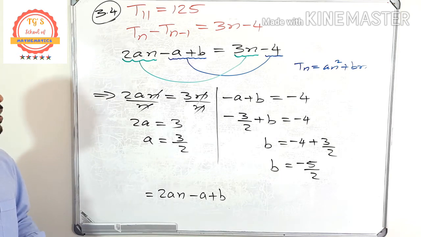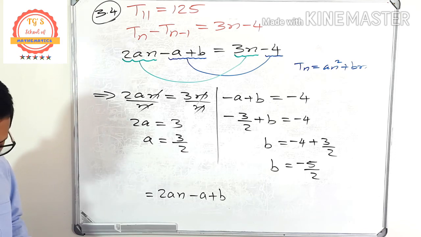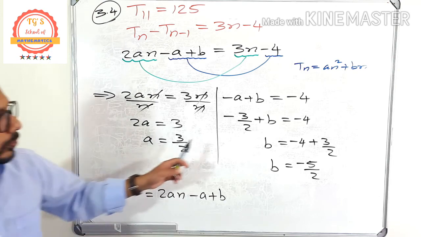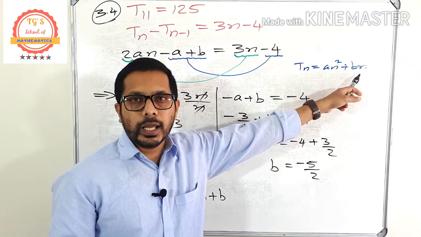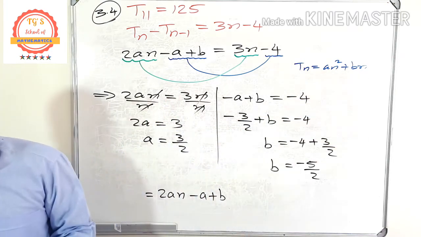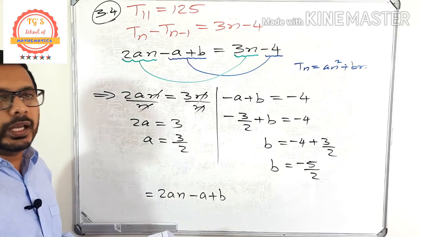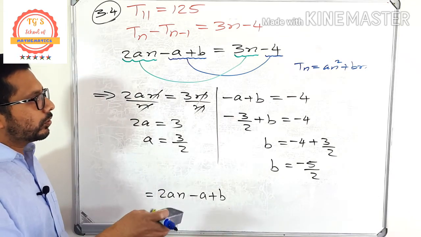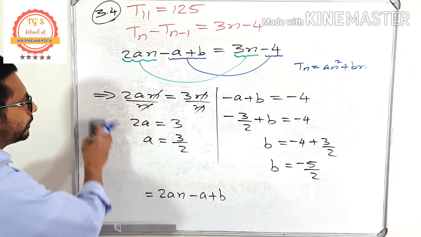Can you tell me how you can find the value of c now? For that, I'm going to substitute the values that I know, a and b. So please pause this video now and write it down. I'm going to erase this one now.